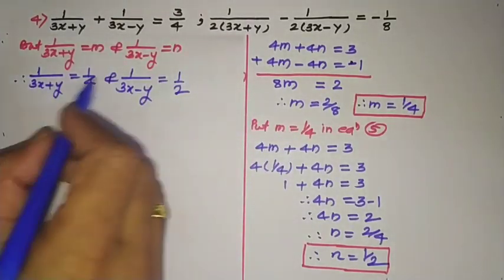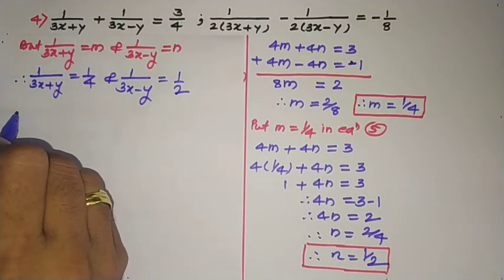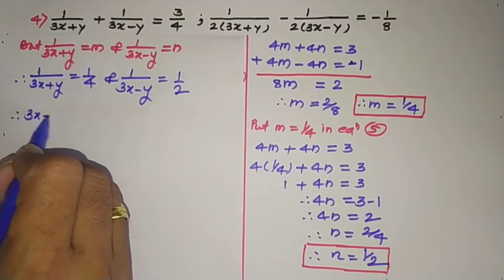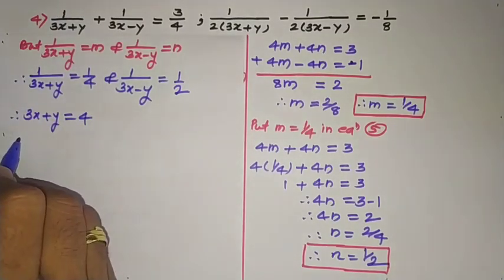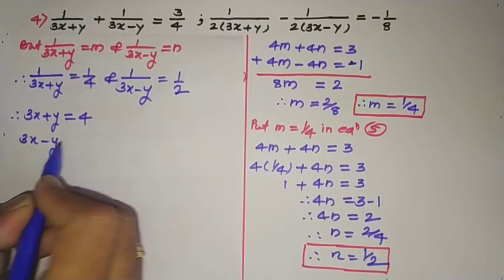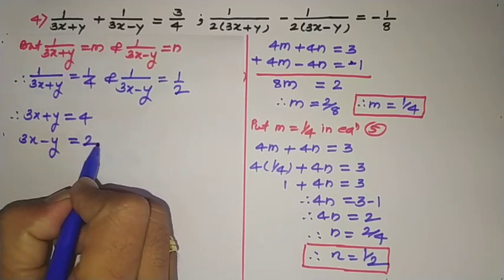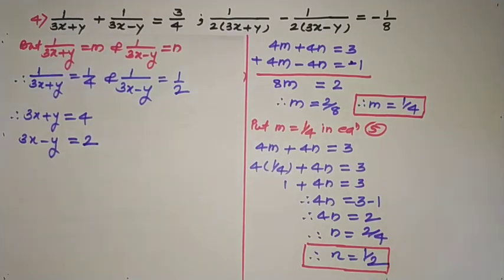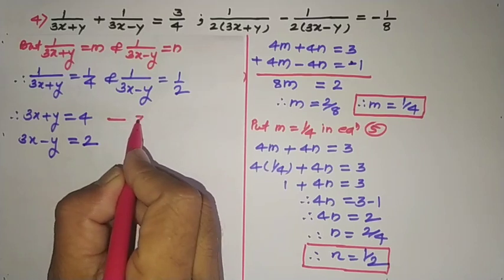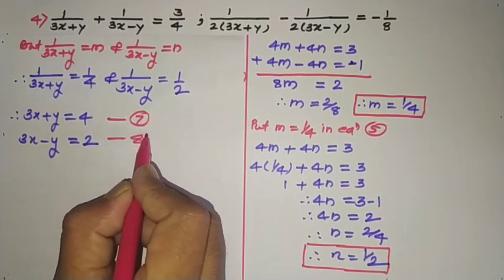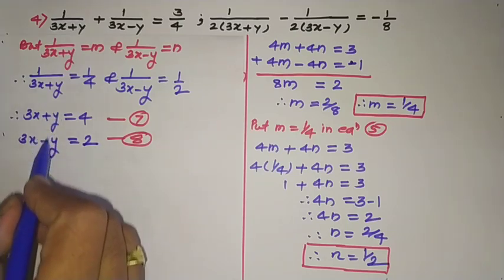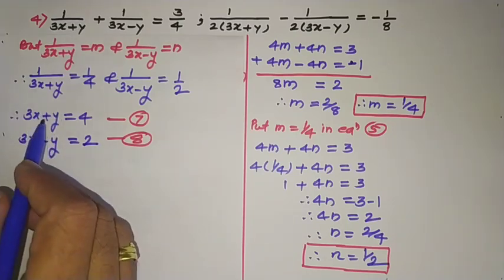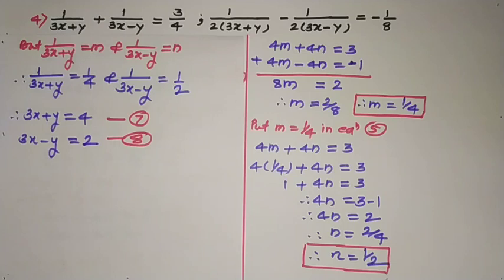Here by cross multiplication the equations become 3x plus y is equal to 4, and second equation 3x minus y is equal to 2. This is equation number 7 and equation number 8. Here the coefficients of variable y are equal, so adding these two equations we find the values of x and y.